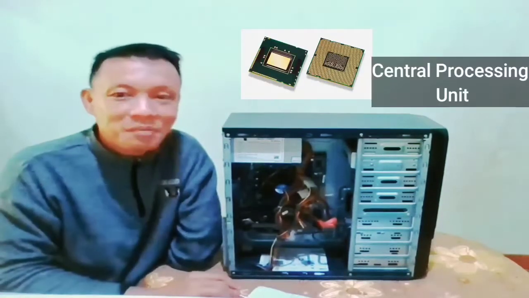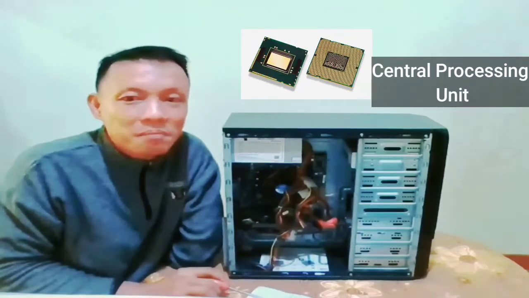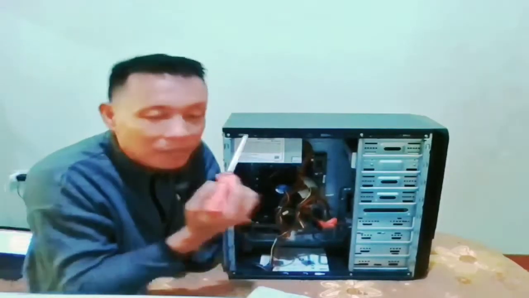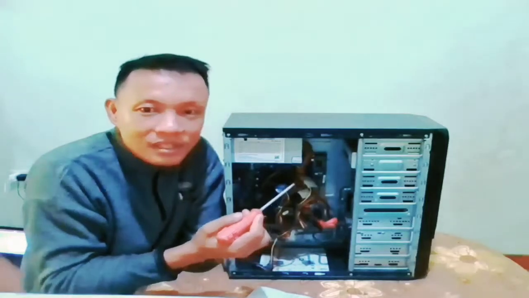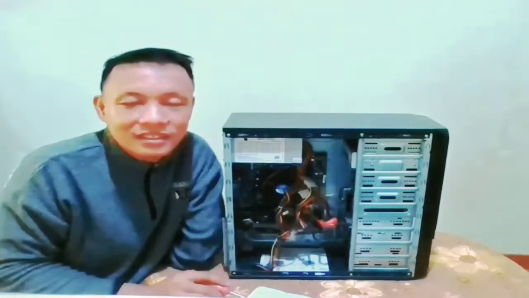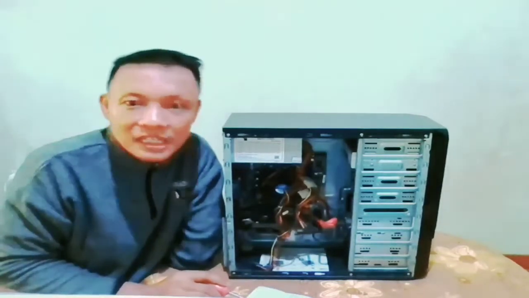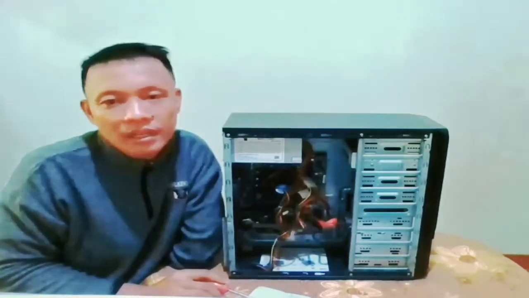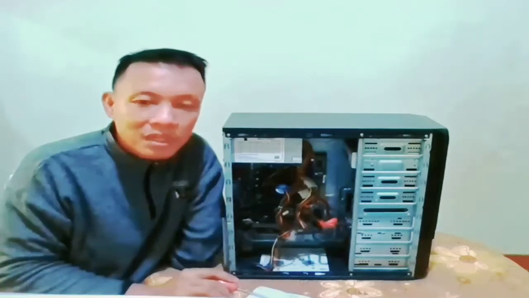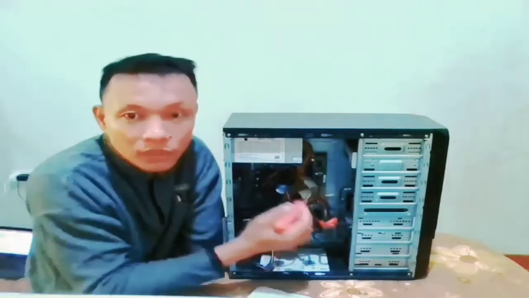The last one would be the CPU. The CPU would be the most important of all parts because it serves as the central processing unit, the brain of the computer. The location of the CPU would be in the motherboard also.